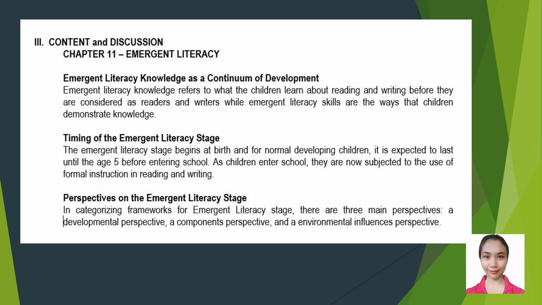The emergent literacy stage denotes the period of time during which children acquire a variety of emergent literacy knowledge and skills. The approximate timing of the stage for typically developing children is based on the concept of reading readiness, which suggests that during preschool years, there is a period of time in which children develop skills necessary for reading and writing.